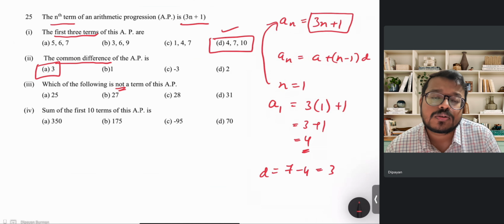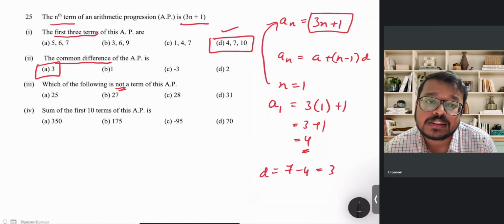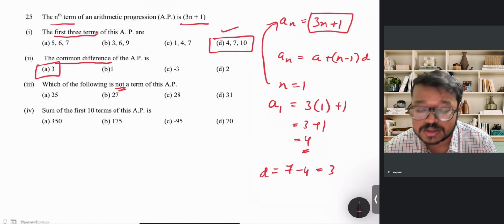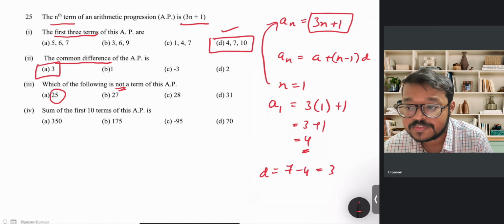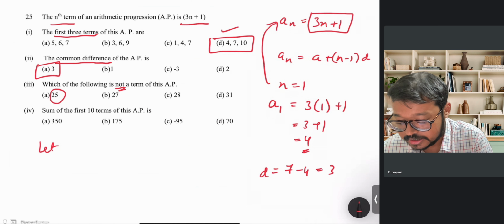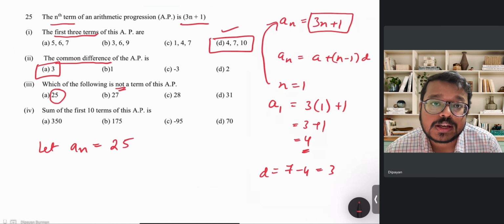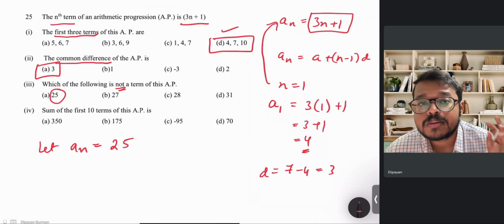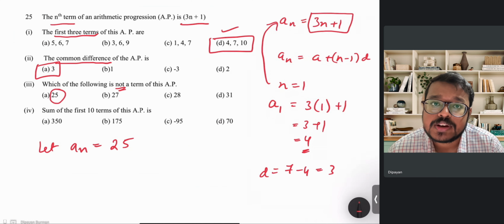But if I want to solve it in another way, I already have an expression for the nth term of an AP, which is 3n plus 1. So suppose I take the first number, 25, and say that the nth term is 25. If I am able to find that for some natural number n I get the nth term as 25, then I will say 25 is a term of the AP.